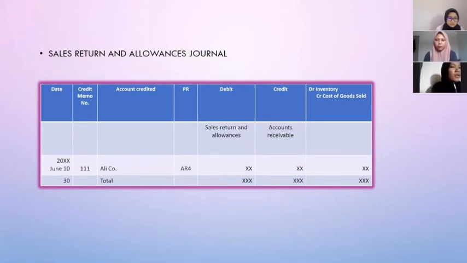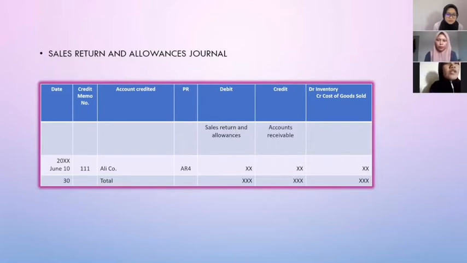This journal is involved if the customer returns goods sold due to damaged, defective, or low quality goods. The customer can also choose to accept the defective goods at a lower price, which is known as a sales allowance. As a result, the company will need to prepare a credit memo.